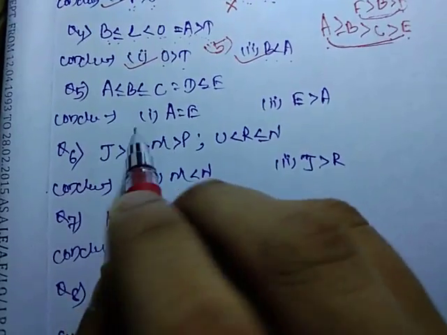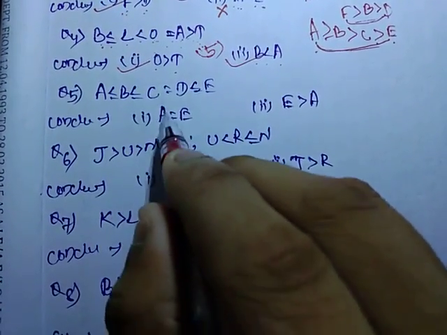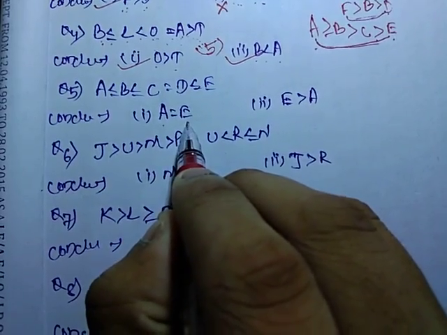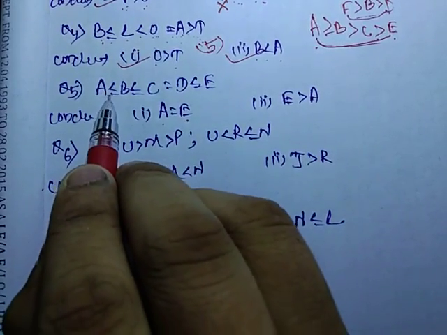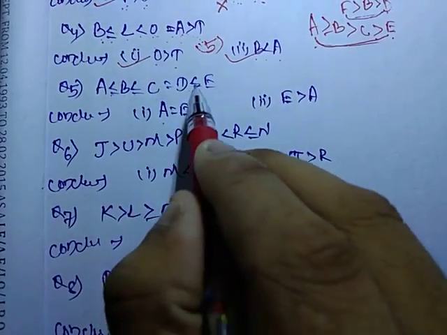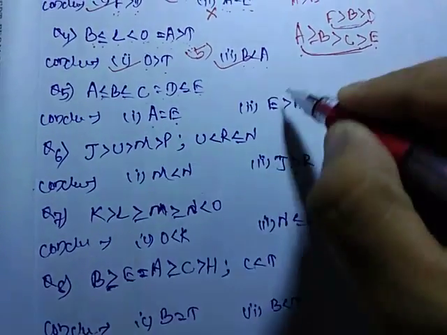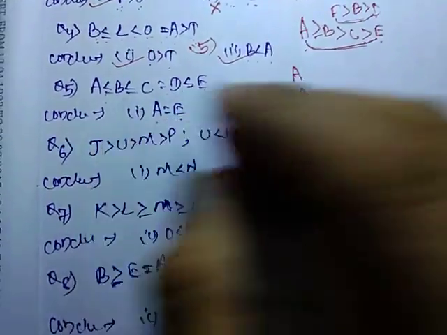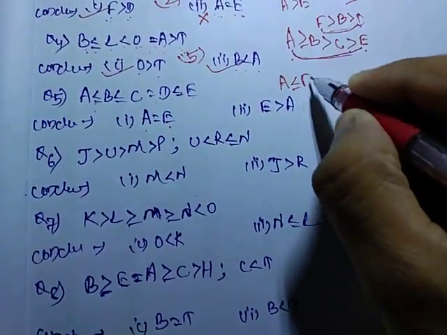Next question: a is less than or equal to b, less than or equal to c, equals d, is less than or equal to e. I have to find whether a equals e is true or false. That means this is related to the relation between a and e, where a is less than or equal to e.